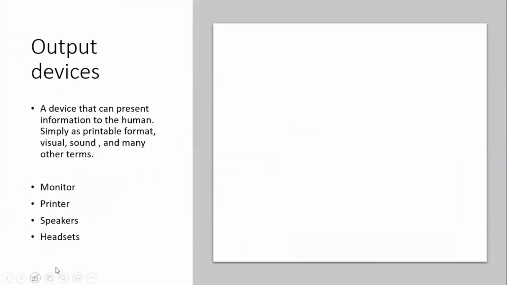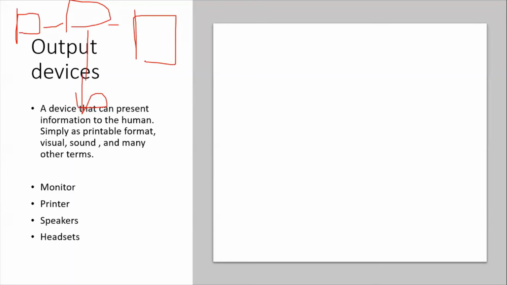Now we are in a good position, as we have discussed input, process and storage, and we have to discuss the output devices, right? The data is input from the environment to this place, and the data is processed.